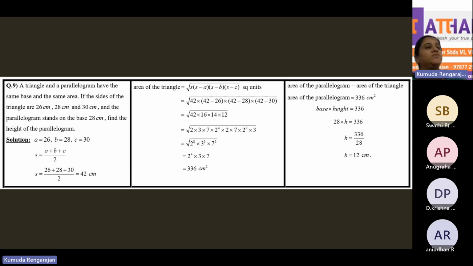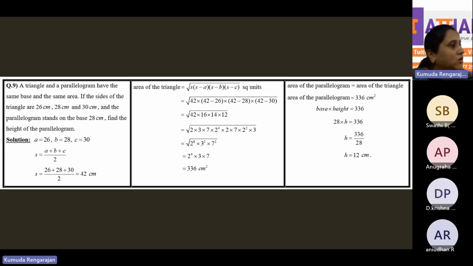Okay, so what was given in this question? Two figures, triangle and parallelogram, correct? For the triangle, all the three sides were given, so you can find the area.